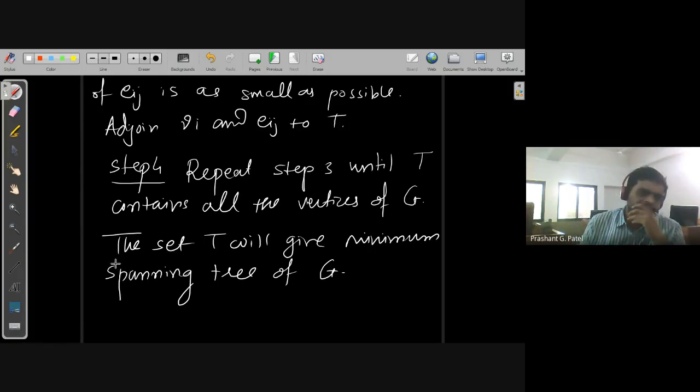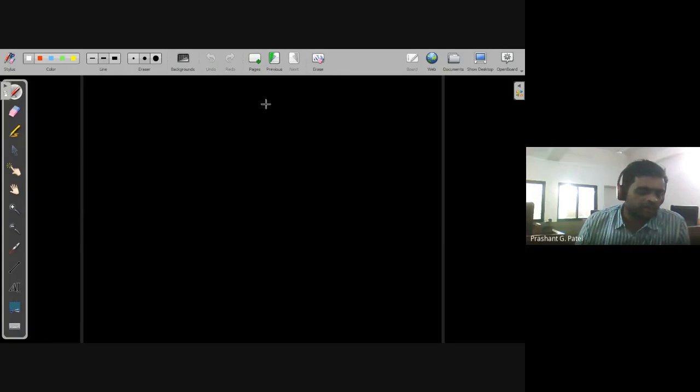Okay. So let us consider a graph and let us try to find out the minimum spanning tree in that graph using Prim's algorithm.